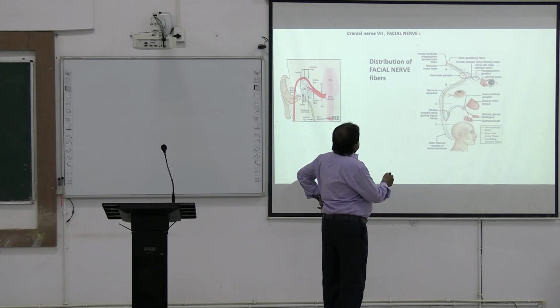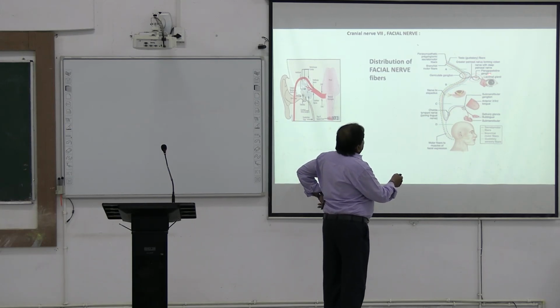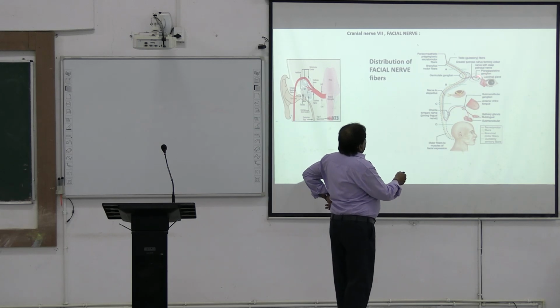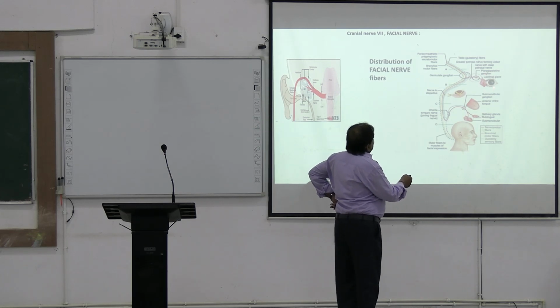And now, parasympathetic, this is the gustatory fibers, taste, the branchial motor fibers, nerve to stapedius, the ossicles, and pterygopalatine ganglion, and to the eye lacrimal apparatus.